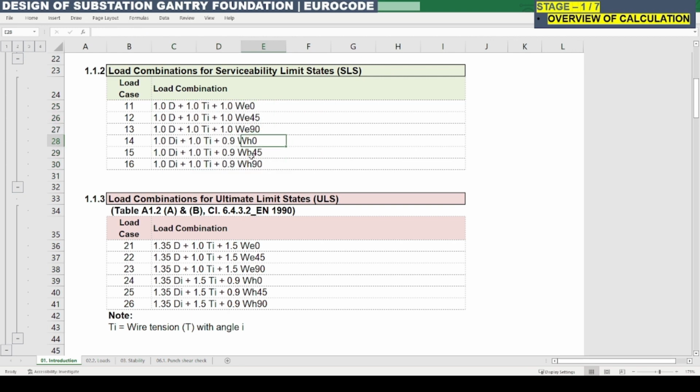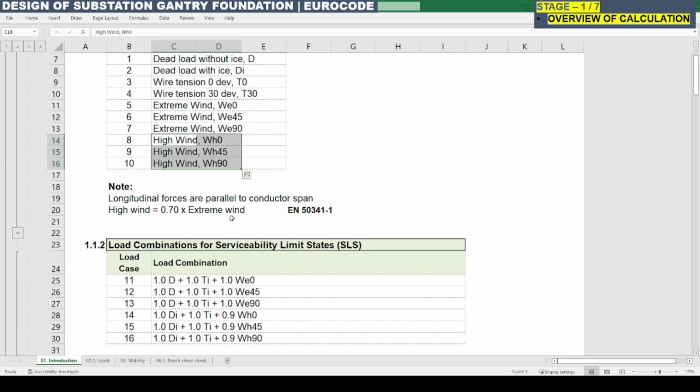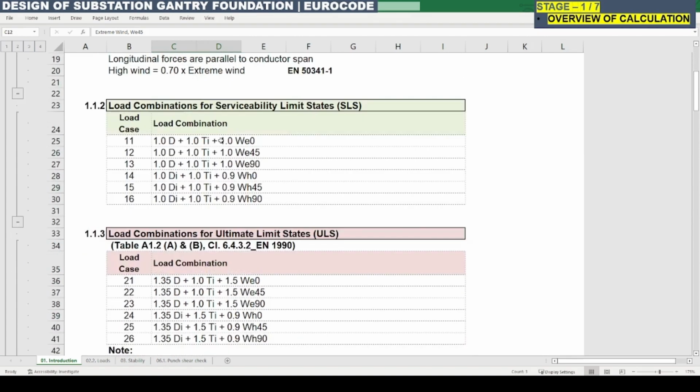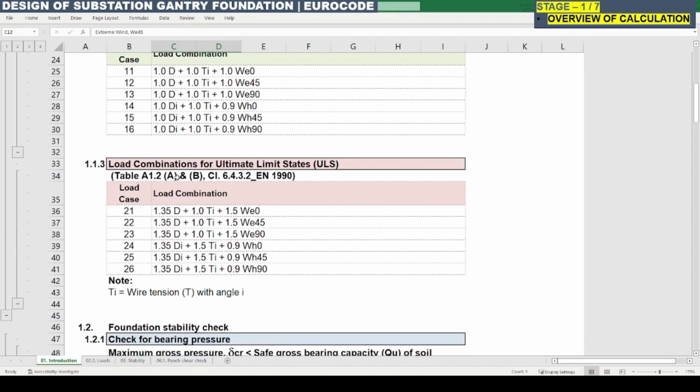Here H defines the high wind and E defines the extreme wind. Similarly, for load combinations for ultimate limit states, these are the combination factors. So 1.35 times dead load plus wire tension plus 1.5 times wind, that is extreme wind.